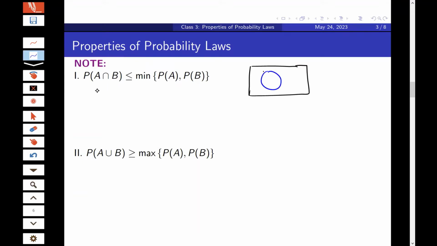It doesn't matter if it is a subset of A or a subset of B. But we are going to use the previous results. So here, this is event A and this is event B. See this one, the intersection is this part.